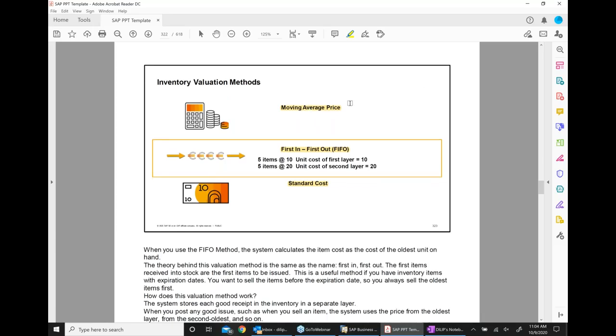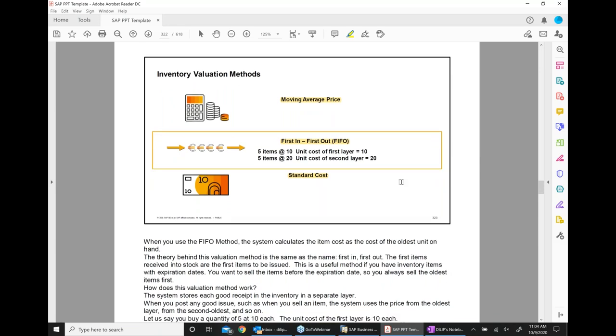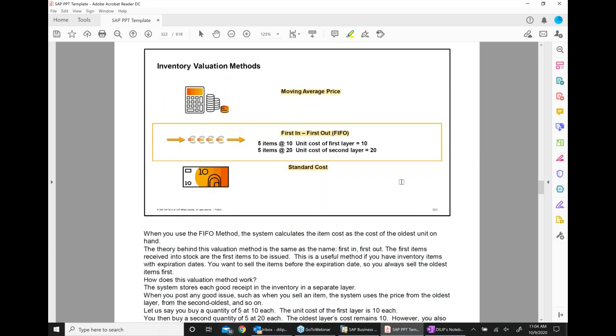In case of FIFO, the system creates a layer. So let's understand this FIFO. Let's say you purchase 5 items for $10. The first layer of the item which you're keeping is at the price of 10 rupees. Then we purchase another 5 items, and the system keeps track of the second layer, which you may be buying, let us say, at $20.